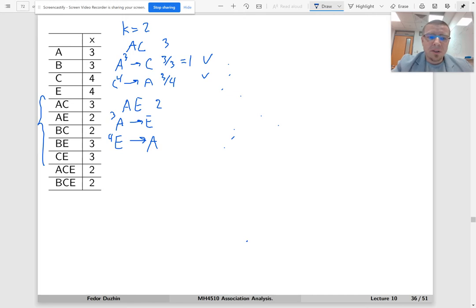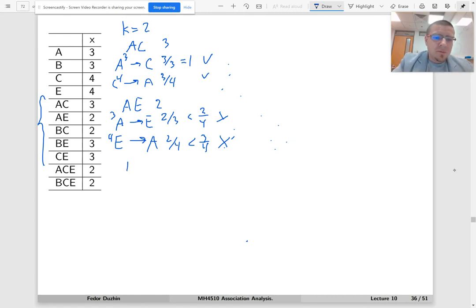So the confidence is going to be 2 over 4 here, and 2 over 3 here. So 2/3 and 1/2, both of them are below the given threshold, which is 3/4. So they do not satisfy the given threshold, so we do not include them.